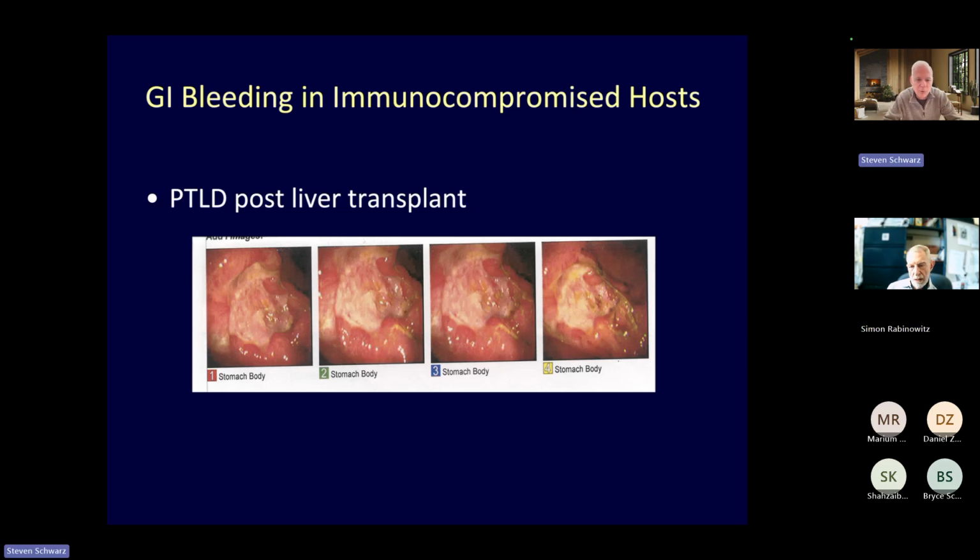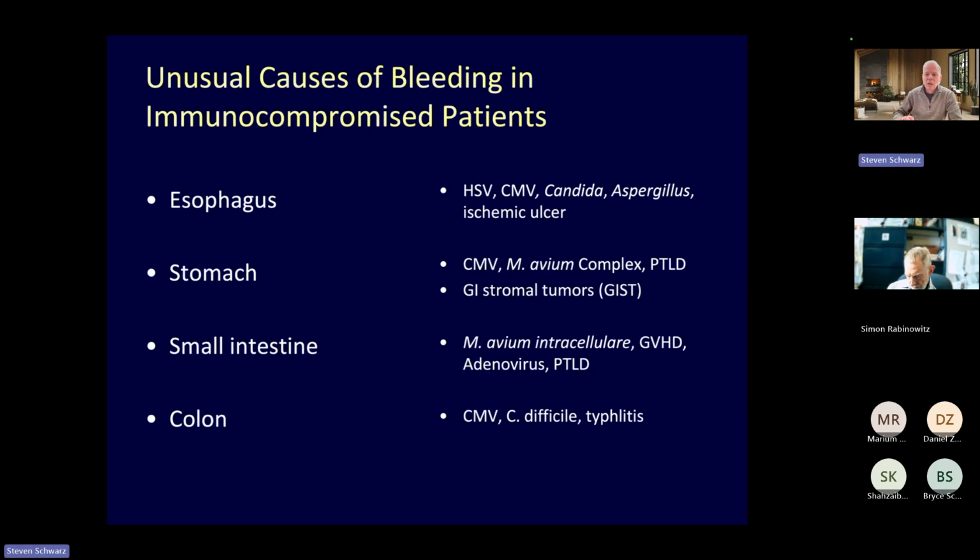In the immunocompromised host, PTLD, we talked a little bit about this when I gave the transplant lecture, but again, this is PTLD in the stomach. Infections, again, these are the unusual infections which you have to be aware of.